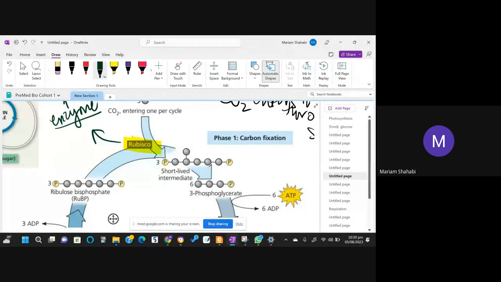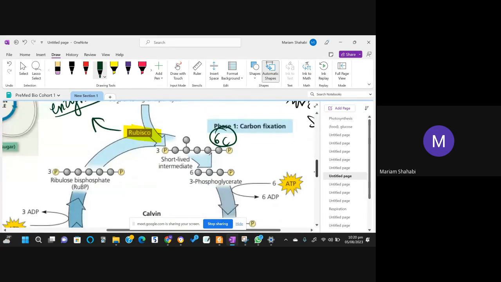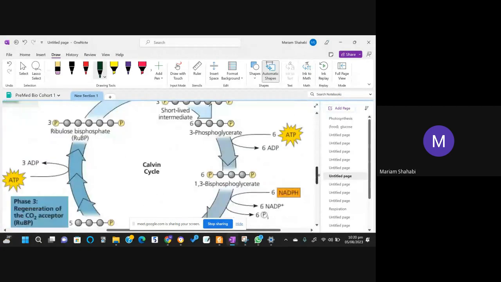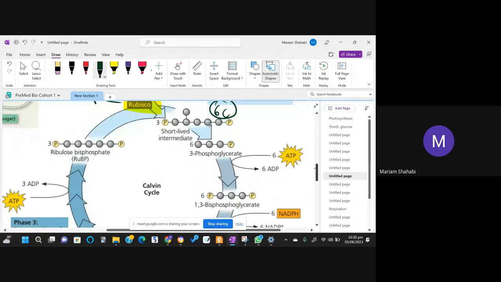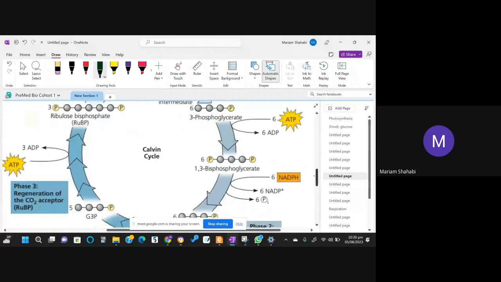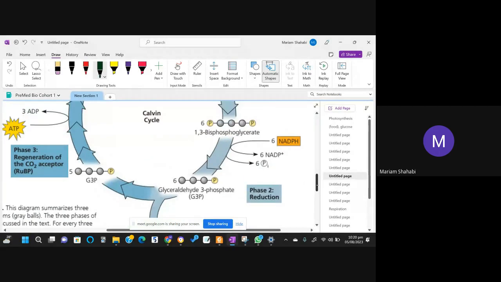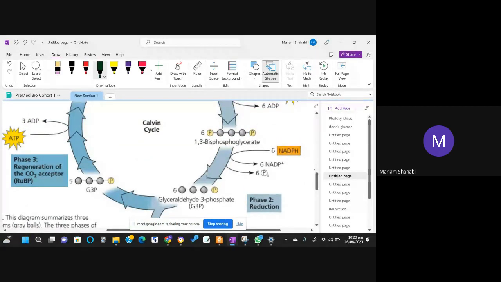It will create 3 molecules of this compound. Let's count how many carbons it has. 6. Yeah. So this is a 6 carbon compound. And then that compound breaks and it will become 3-phosphoglycerate. 3-phosphoglycerate will be further phosphorylated by the addition of ATP, and it will become 1,3-bisphosphoglycerate.